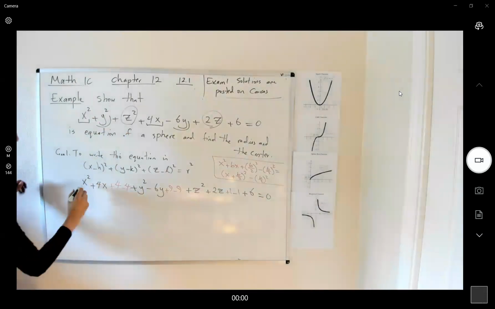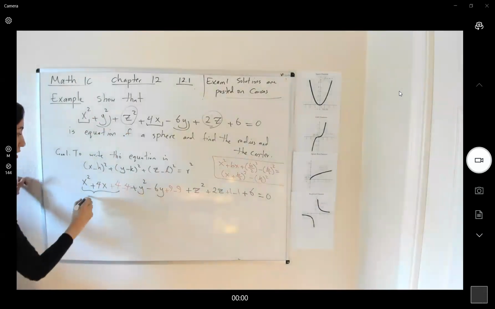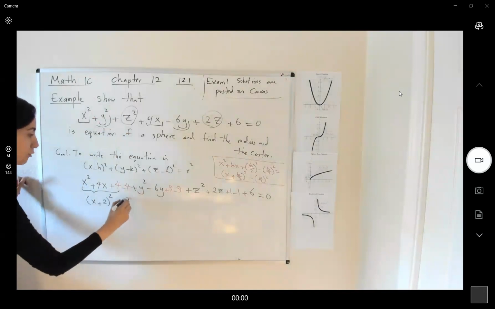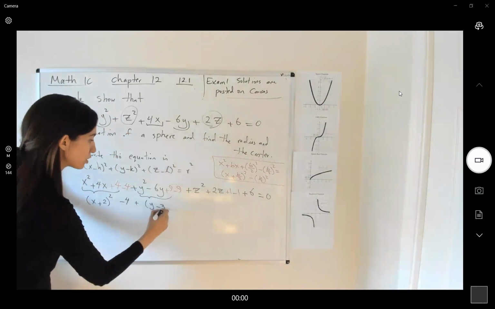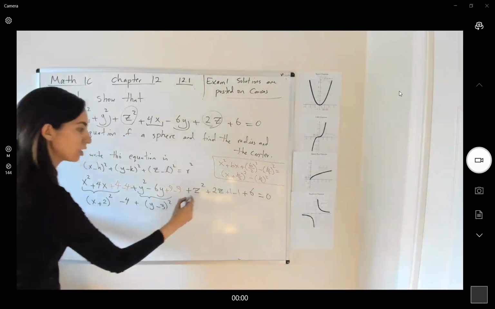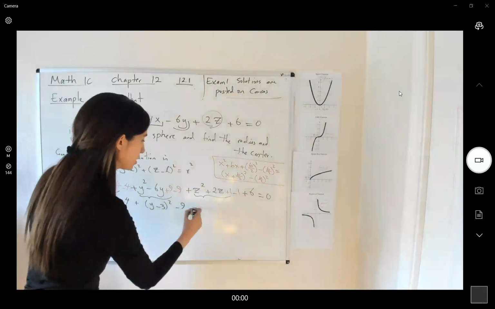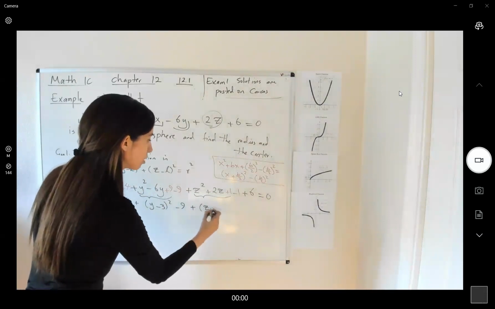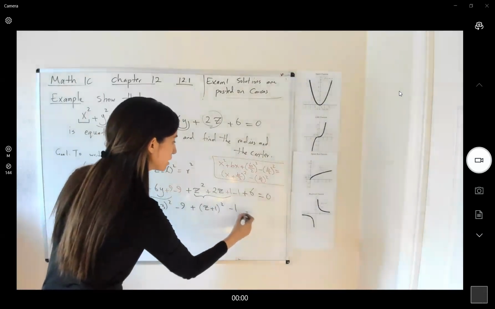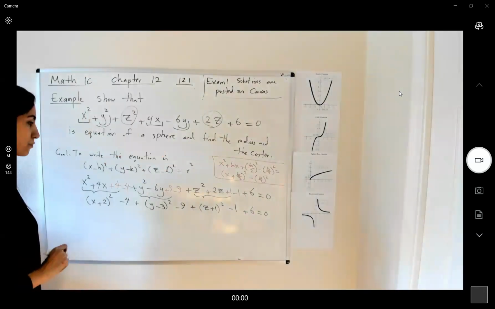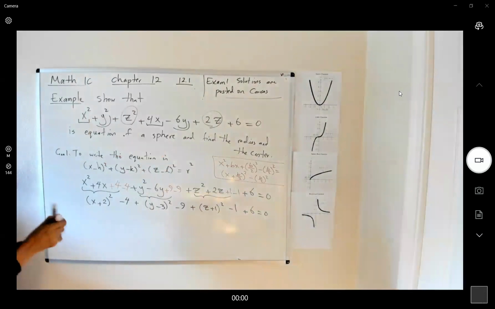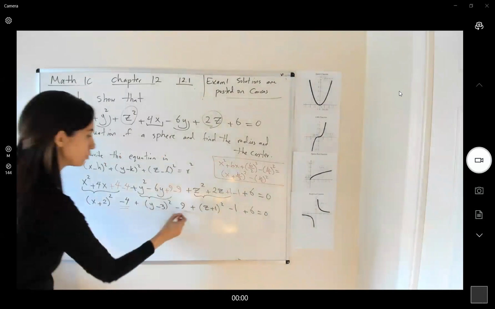Now we take these three terms, we have x plus 2 squared minus 4, plus y minus 3 squared minus 9, plus z plus 1 squared minus 1, plus 6 equal to 0. I have some constants. Let's combine them together.